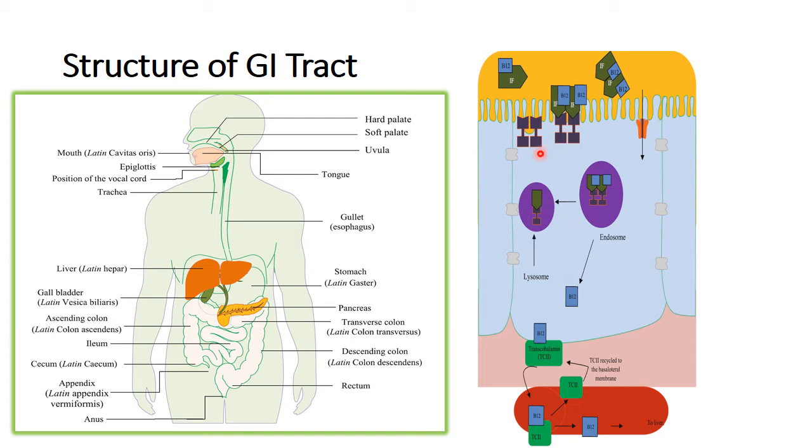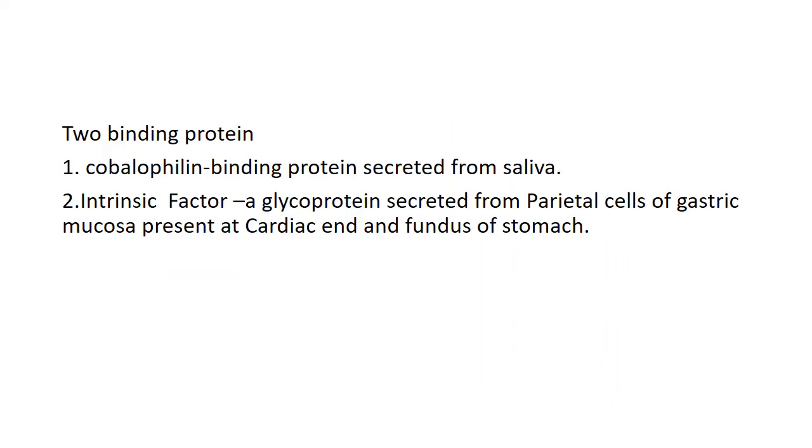After entering into the cell, the endosomes split the B12 from these receptors, and then from the basolateral surfaces, it diffuses into the extracellular fluid. So there are two binding proteins, one present in the saliva and the second secreted from the parietal cell, which is known as intrinsic factor.